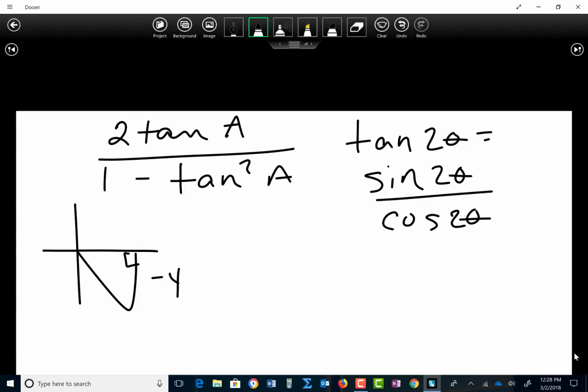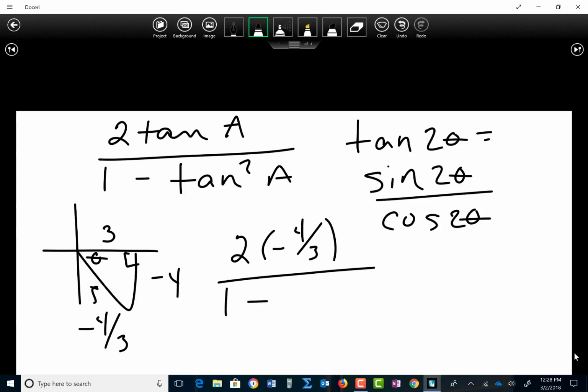Negative 4 over 5, that's a 3. So if we're looking at tangent, tangent would be opposite over adjacent, which would be negative 4/3. So 2 times negative 4/3 over 1 minus negative 4/3 squared.